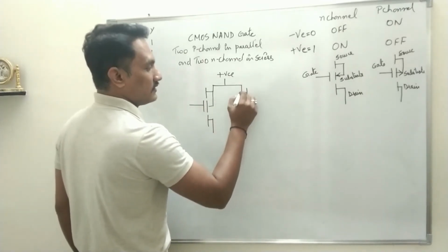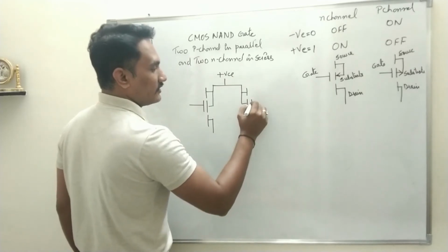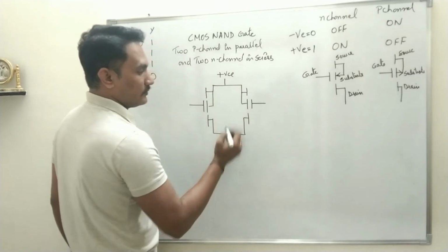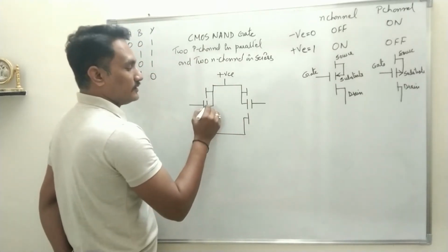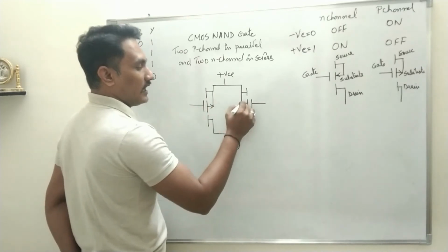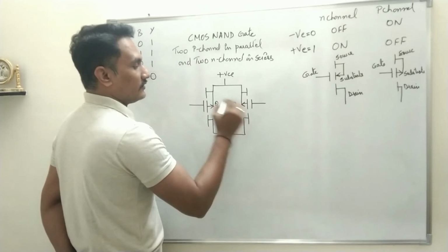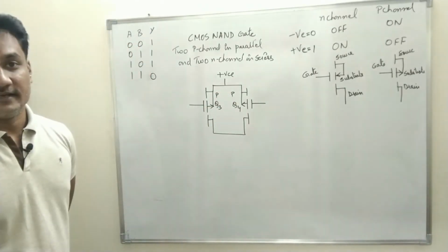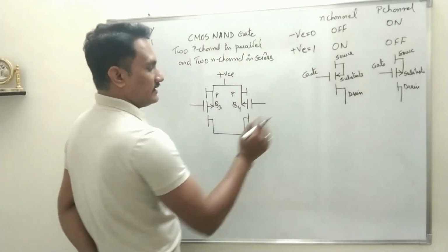Similarly for the other one. As it is parallel, it will be connected point to point, and these two are P channels. P channel means the arrow mark is outward. Let these be transistors Q3 and Q4, both P channel. So we have drawn 2 P channel in parallel, then 2 N channel in series.